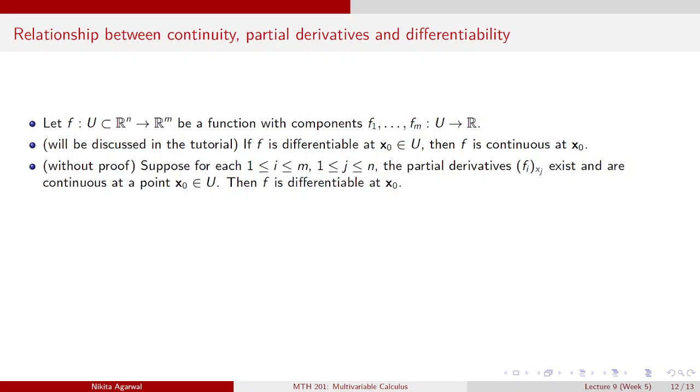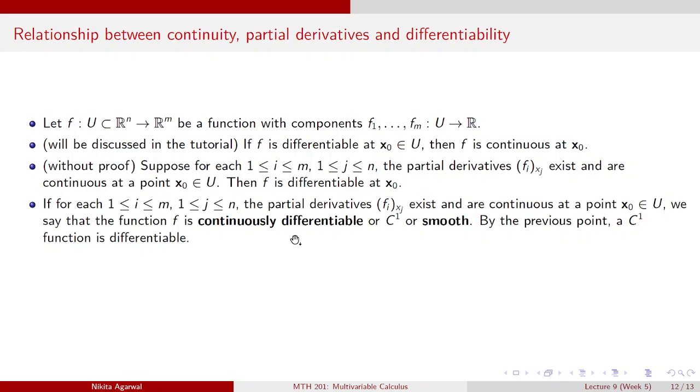So remember, when we defined differentiability, the first hypothesis was that your partial derivatives should exist, and second was that limit condition, right? So here we are saying that just existence of partial derivatives may not guarantee differentiability, but if they are also continuous at the given point, then your function is differentiable at the given point.